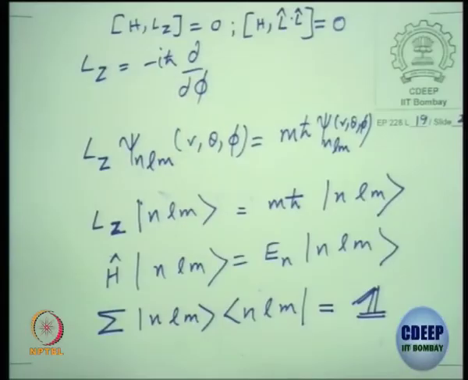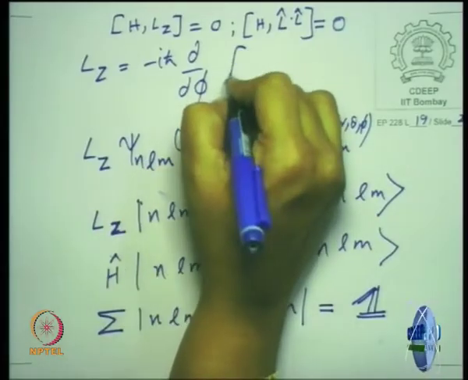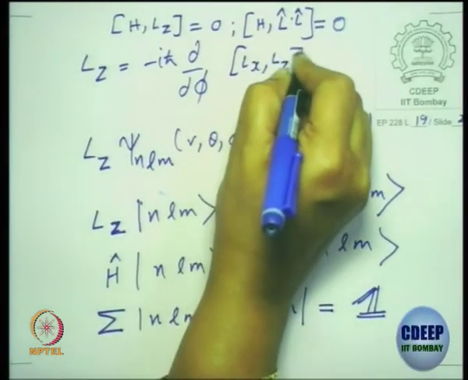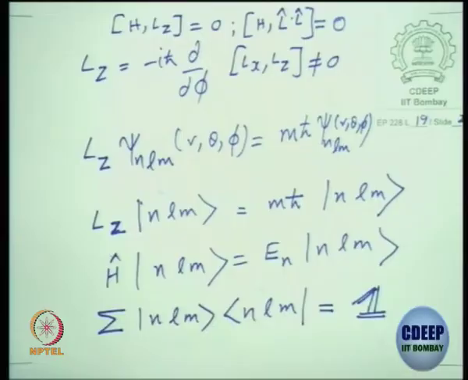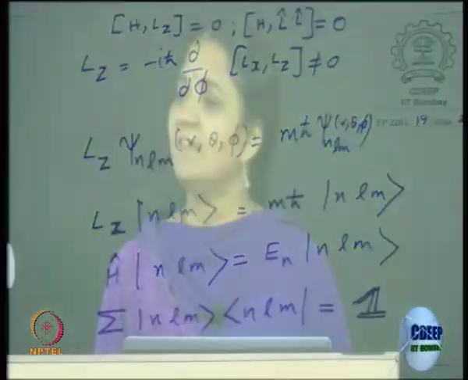But will this be an eigenstate of Lx? Why? Lx Lz is not 0. You can either write eigenstate of Lz or you can write eigenstate of Lx. You cannot write a simultaneous eigenstate of Lx and Lz.